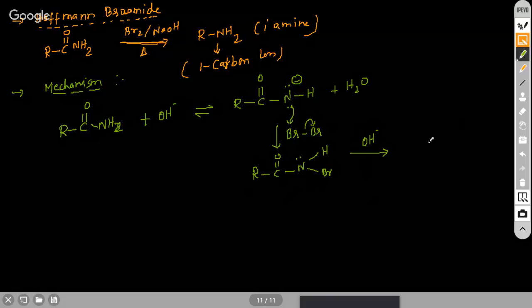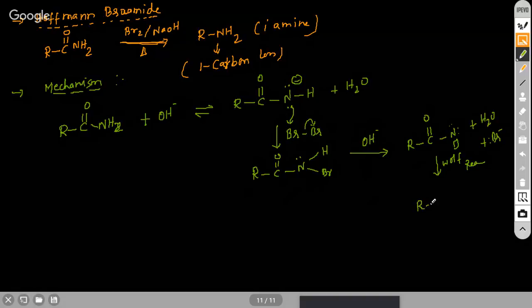So similarly, it forms what? RC double bond O N with one vacant p orbital, plus H2O plus Br minus, right? Now in this, what happens? Wolff rearrangement.